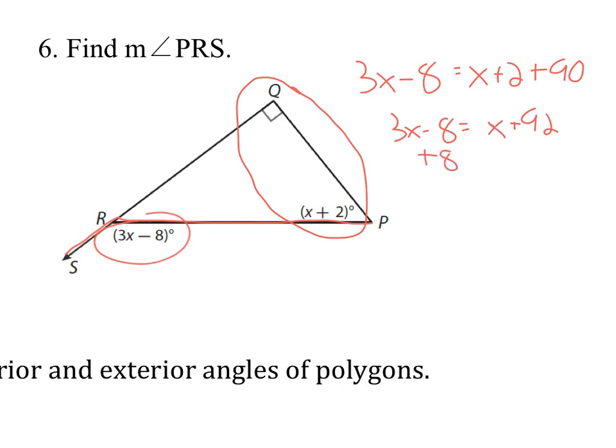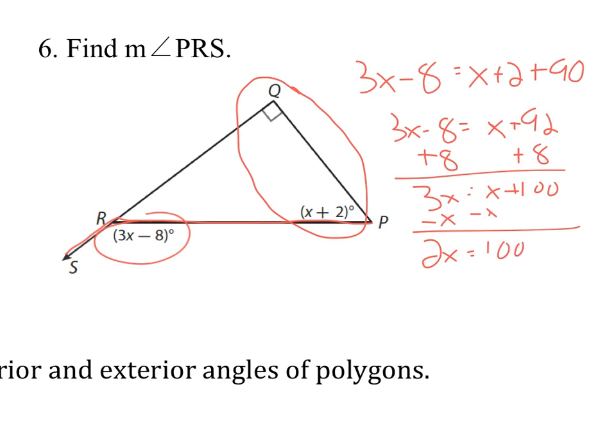Add 8. And 3x equals x plus 100. Subtract x. And we get 2x equals 100. Divide by 2. And x equals 50.